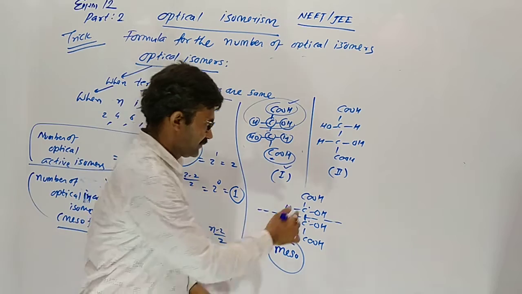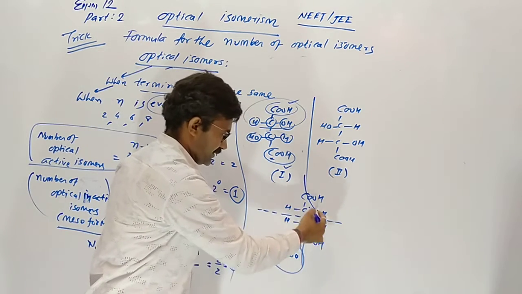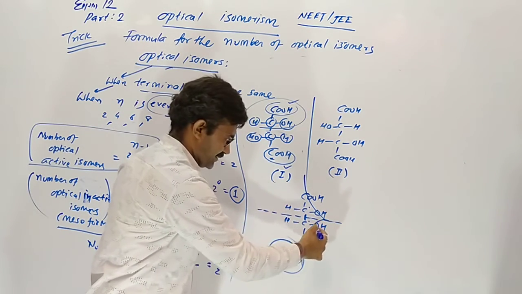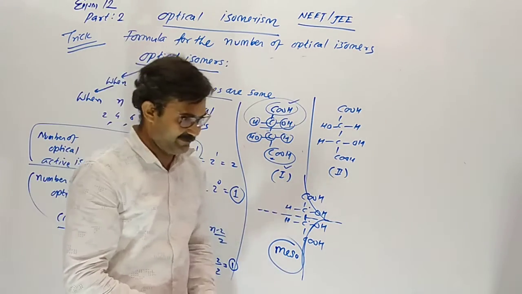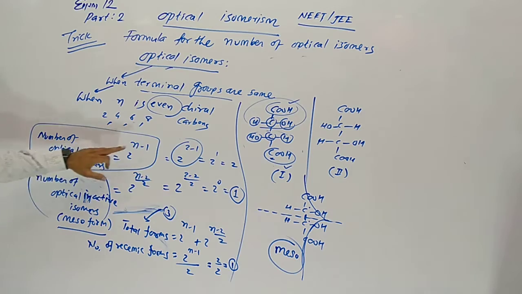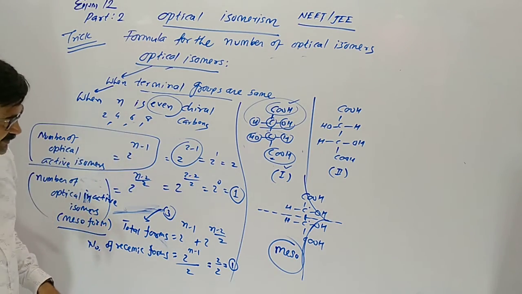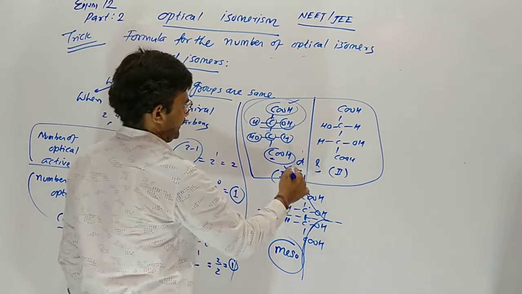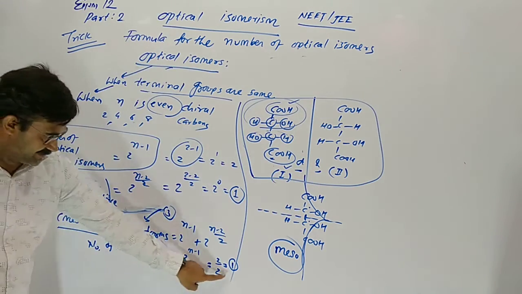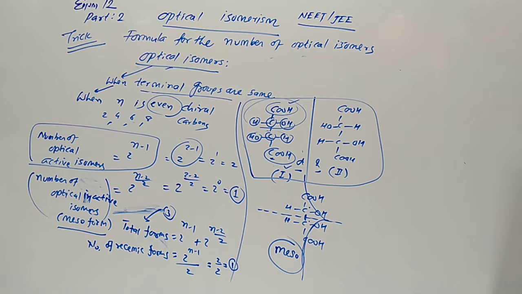Meso is not: light deviates left hand side in the upper part and right hand side in the lower part, so no deviation occurs, and it does not give a mirror image. So total isomers are 2 plus 1, 3. Racemic mixture is 1. You can see 50% dextro and 50% levo is one racemic mixture. Understood? I hope you enjoyed my lecture.